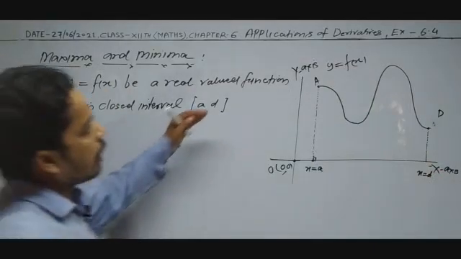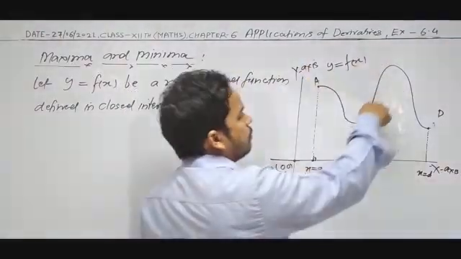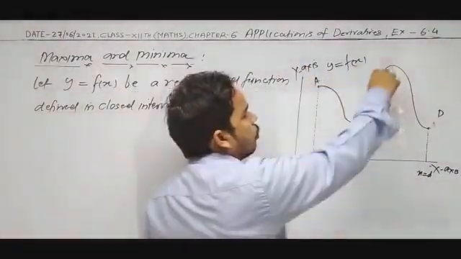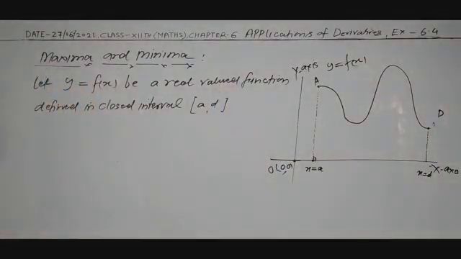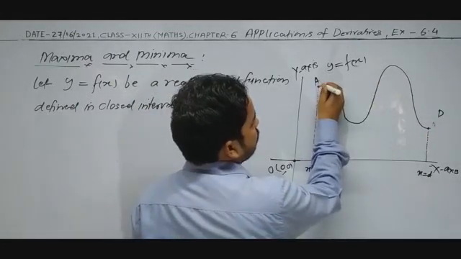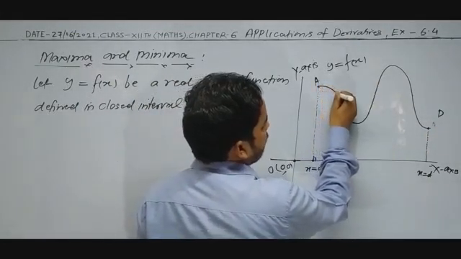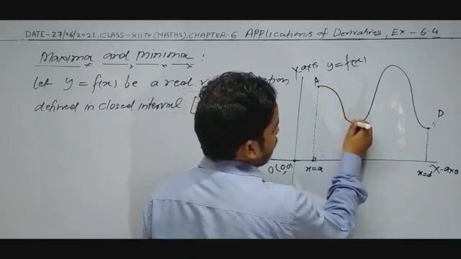Now the graph is made of many points, means it is the locus of many points. You can consider x1, x2, x3, x4, x5, x6, x7, xn.